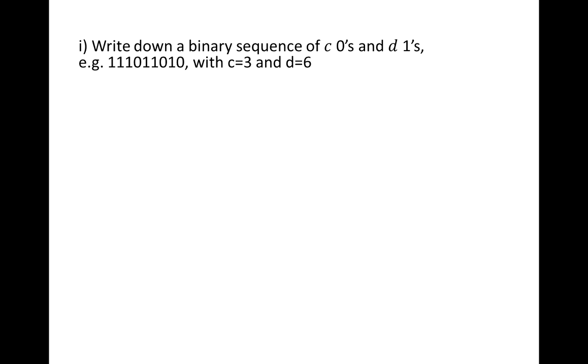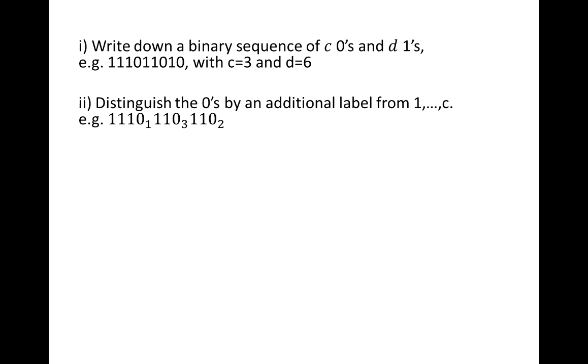For example, when C is equal to 3 and D is equal to 6, we can write a binary sequence 1 1 1 0 1 1 0 1 0. Second, we distinguish the zeros by an additional label from 1 to C. For example, for the sequence above, we label the 3 zeros with 1, 3, and 2.